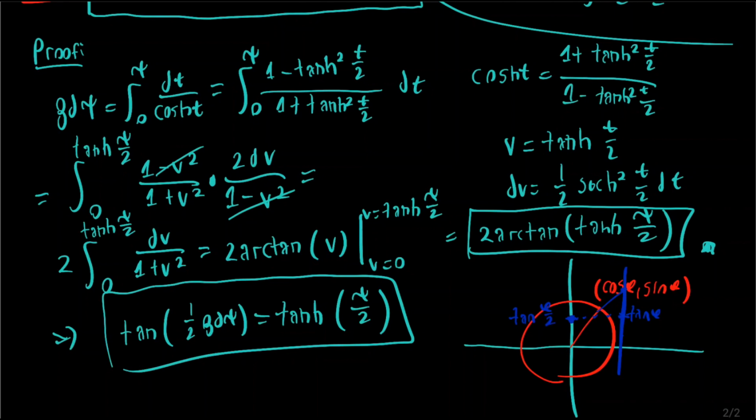Because recall that GD of psi, the Gudermannian of a hyperbolic angle, is our circular angle. So the Gudermannian of our hyperbolic angle is our circular angle, and thus what we get is that this value right here, the tangent of phi halves, that is roughly situated here geometrically, is equal to the hyperbolic tangent of psi over 2, which is the hyperbolic tangent of our hyperbolic angle.